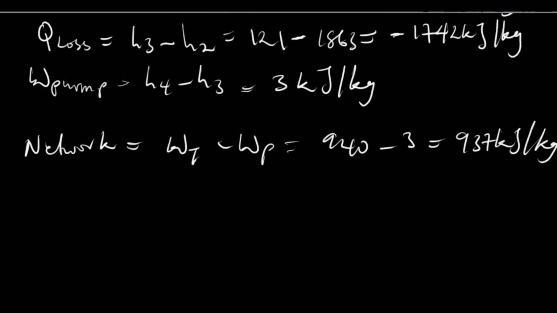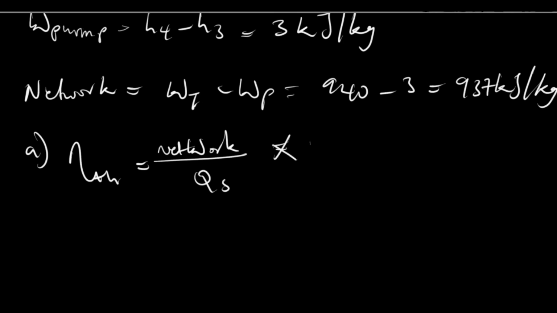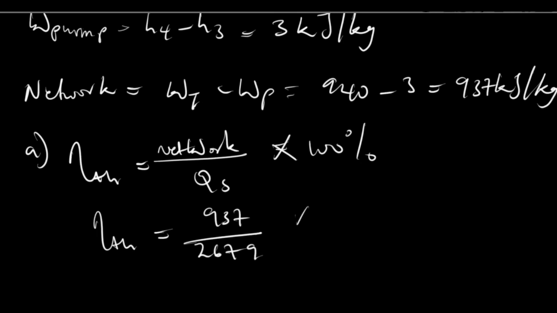So we go straight to the efficiency. The cycle thermal efficiency is net work over heat supply times 100%. So net work is 937 over heat supplied, 2679, times 100%. That will give us a cycle thermal efficiency of 35%.